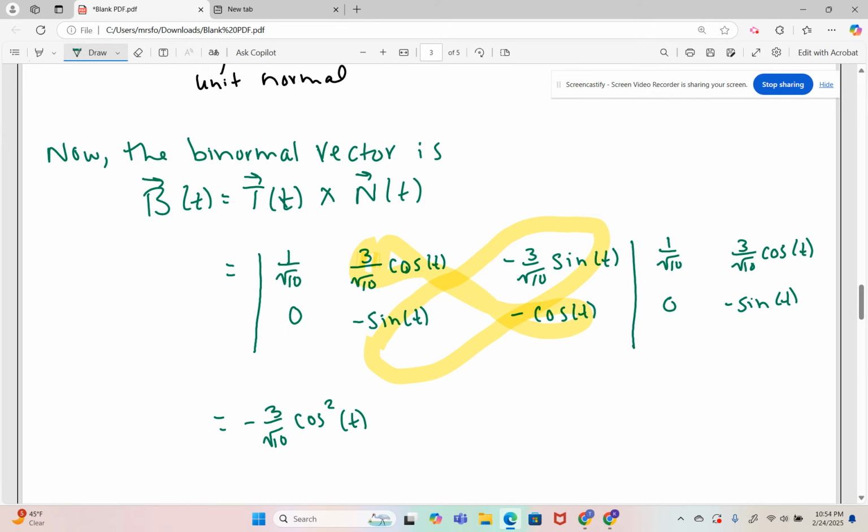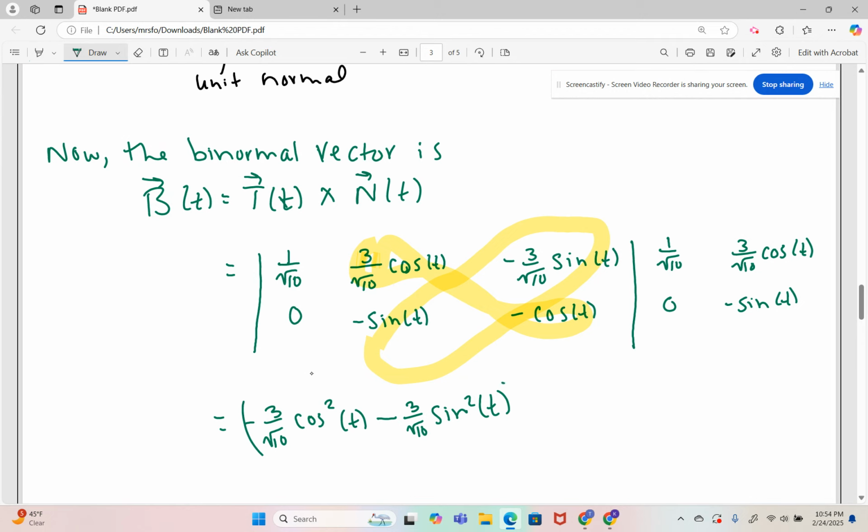And then minus, okay, the two negatives would make that a positive, which you'd still have a minus. So that would be 3 over square root of 10 sine squared t.